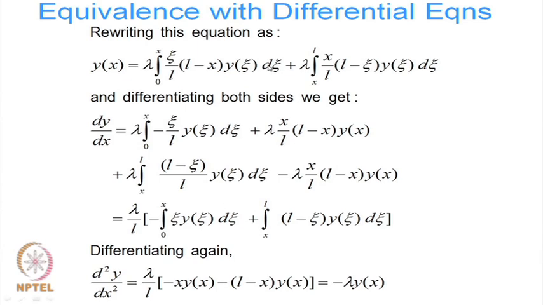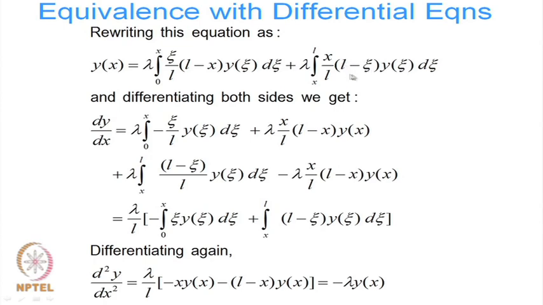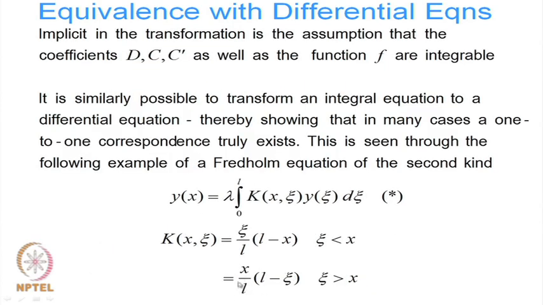Since my integration variable is xi, when I integrate between 0 to x, xi is always less than x, so my kernel is going to be this one. When I integrate between x to L, xi is always greater than x, so my kernel is going to be this one, right?